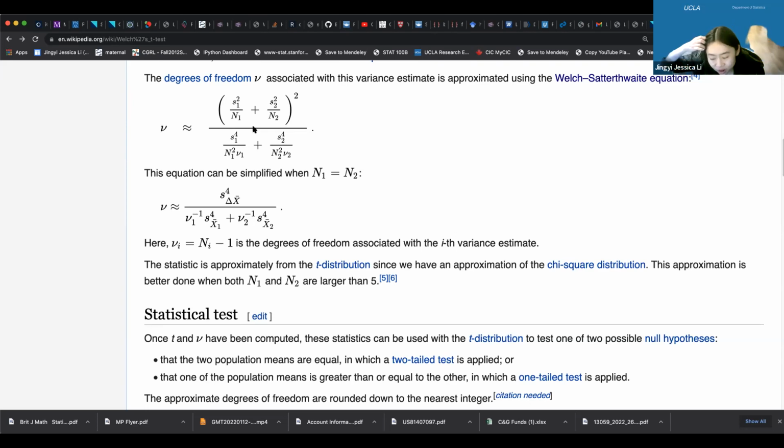Okay, if there are no more opinions, I will just say my own thoughts. In my opinion, this equal variance versus unequal variance judgment has to rely on some domain knowledge.